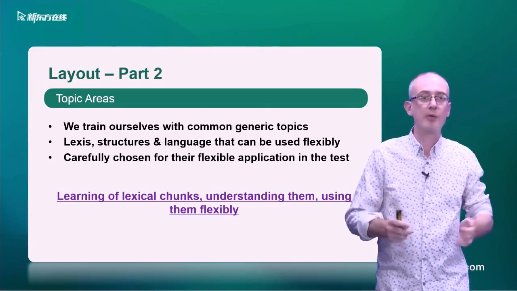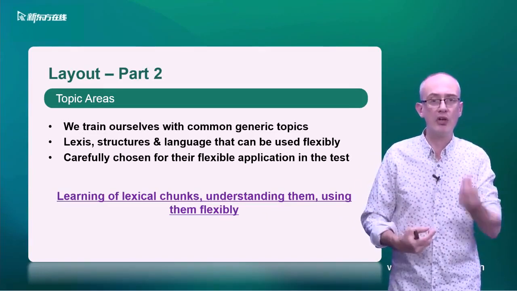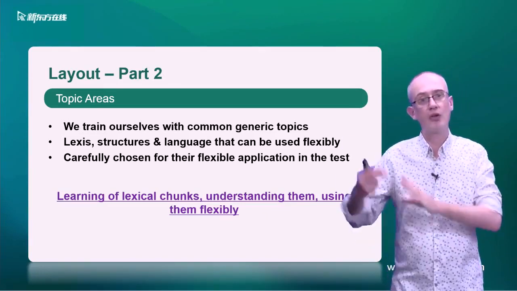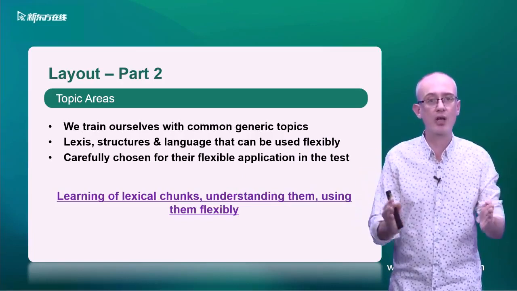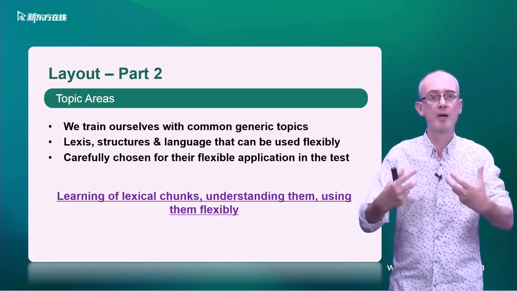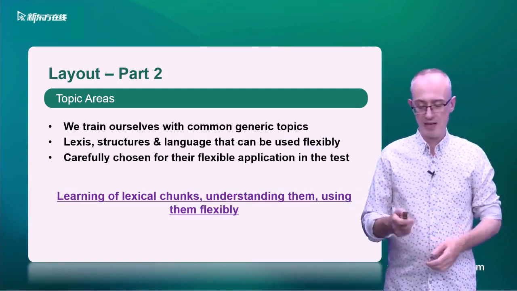Learning chunks of language, as I say, understanding them, using them flexibly, not learning individual words and not learning whole memorized sentences. Chunks of language, collocations, groups of words that come together that we can flexibly fit into many different answers.